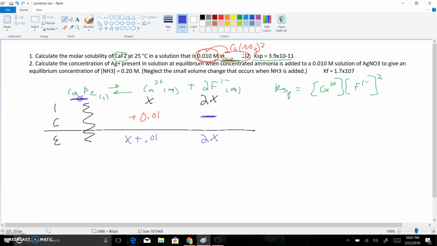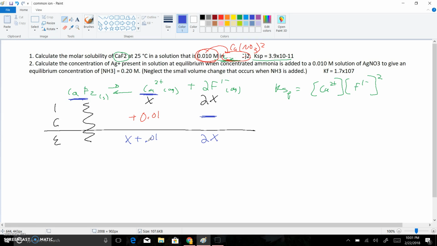The amount of calcium fluoride that dissolves is in a 1-to-1 ratio with the calcium ions. So for every 1 calcium ion you put in, 1 calcium fluoride has dissolved. So what I'm trying to solve for is how much calcium ion do I have in the solution, or how much of the x do I have?